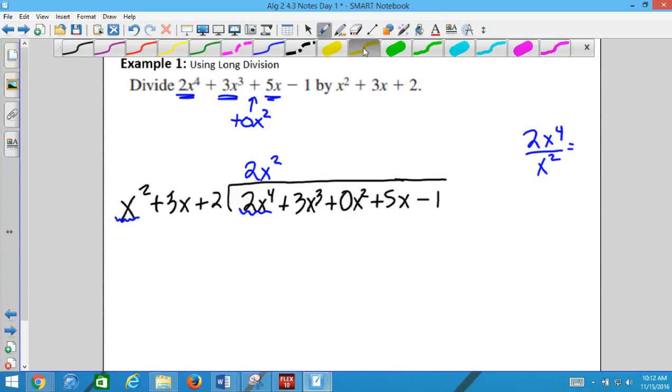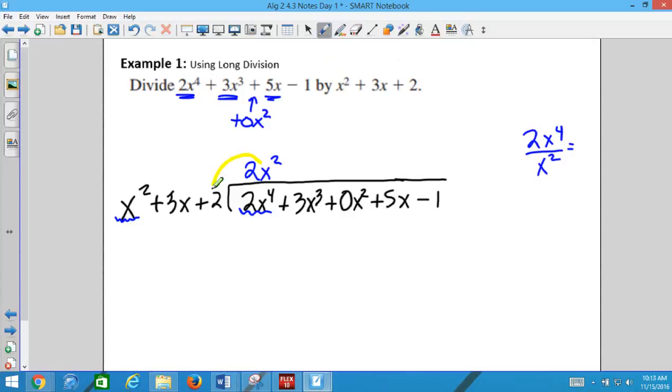Okay? When we did that in the long division, when we put a number up here, what did we do next with that number? We distributed, we multiplied. So we need to take this number and we need to distribute it to all 3 terms sitting there, all of them. And we're going to put our 3 answers underneath where the like terms are.